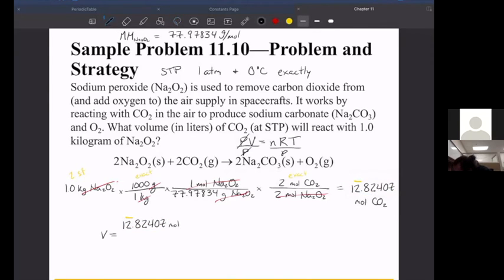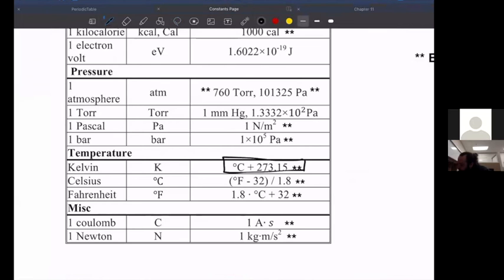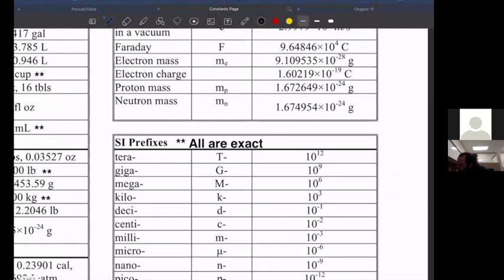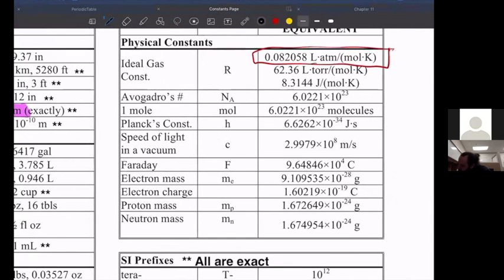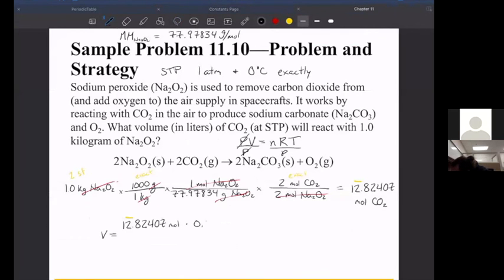So this is moles of gas times R, which again I get from my constants page, 0.082058. And this is going to be atm liters per mole Kelvin.